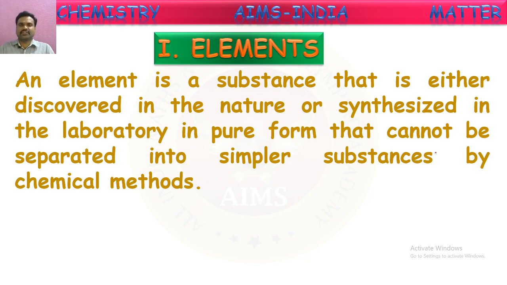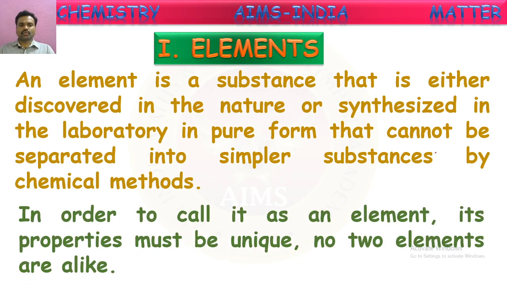That is the definition of an element. The simplest pure substance which cannot be further divided into simpler particles is called an element. It might be discovered in nature, or some elements are synthesized in the laboratory.